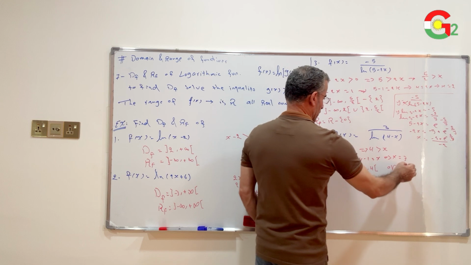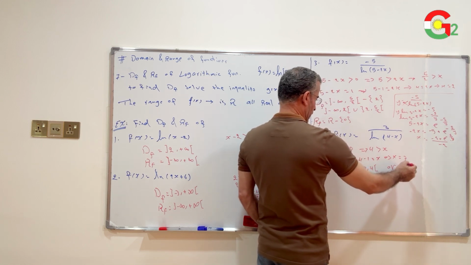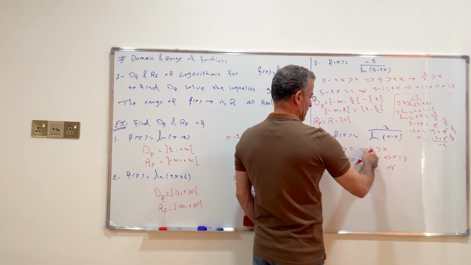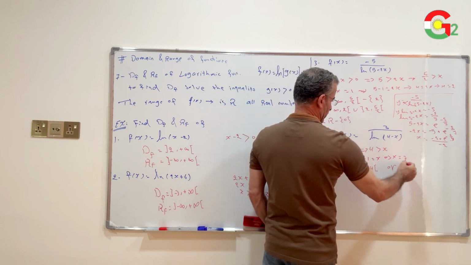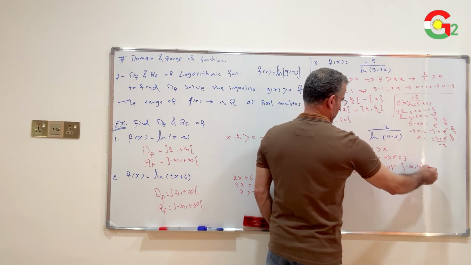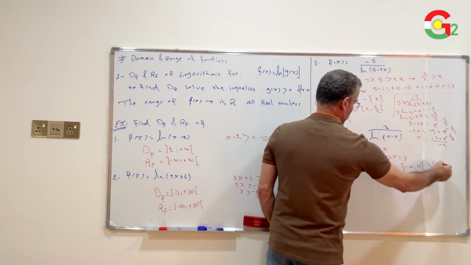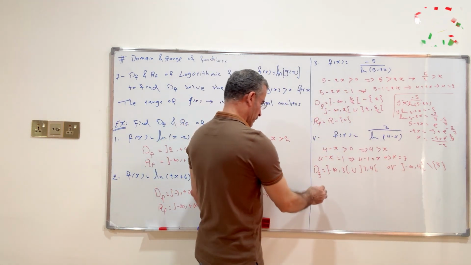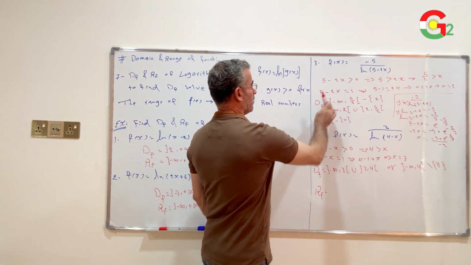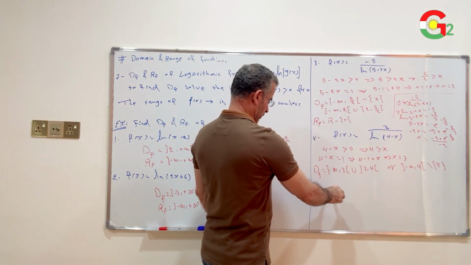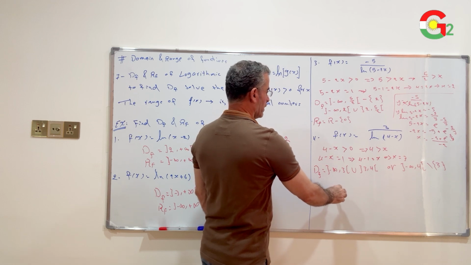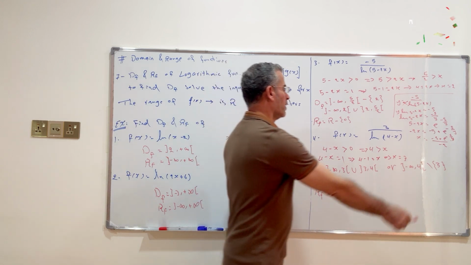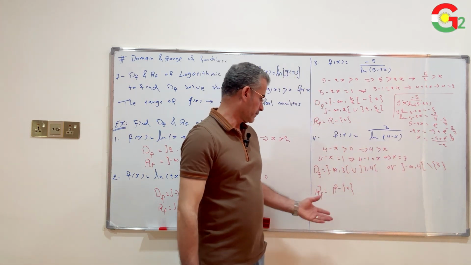Or we can write x less than 4, it means negative infinity to 4 except 3, since 3 belongs to this interval and makes the denominator 0. The range is the same as the previous example. It will be R except 0, since y is in the denominator also.